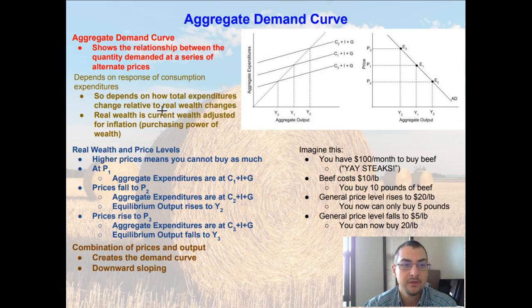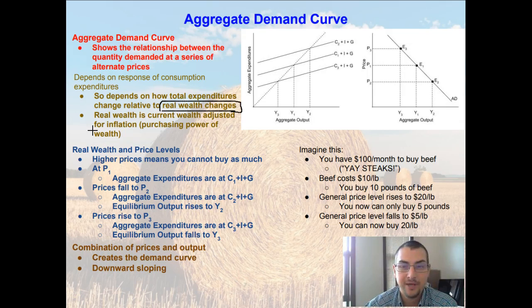If you remember back, whenever we were talking about consumption expenditures and shifting that consumption line, we said that if the wealth of a person is going up, they might be willing to spend more. Well, the same thing applies here. But we also define it by talking about that real wealth.